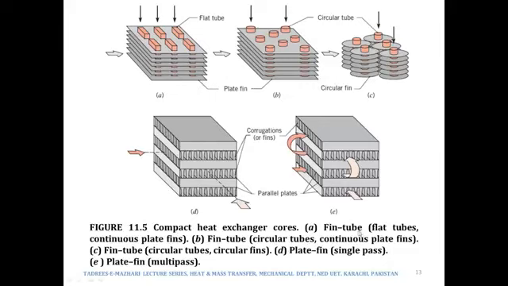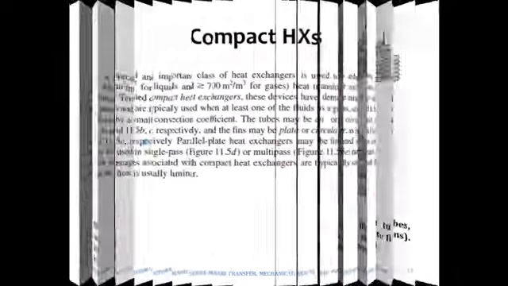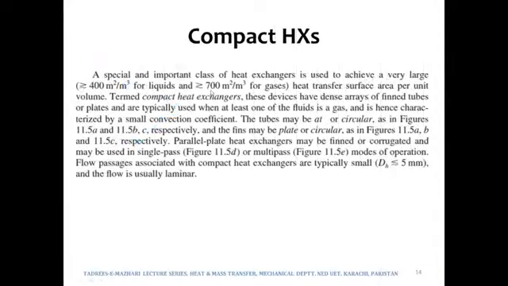The first one is fin tube. Let me first go over the definition. It achieves a very large heat transfer surface area per unit volume. So if per unit volume the surface area exceeds 400 square meter for liquids and 700 square meter for gases, then that would be termed compact heat exchangers.